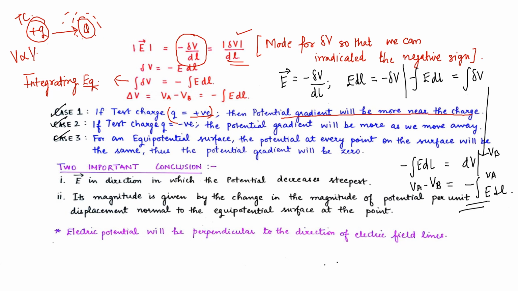V is related to R in such a fashion, V equals 1 upon R, whereas our electric field is related to R in such a fashion: E equals 1 upon R square. They exponentially decrease down and they linearly decrease down, linear decrease.